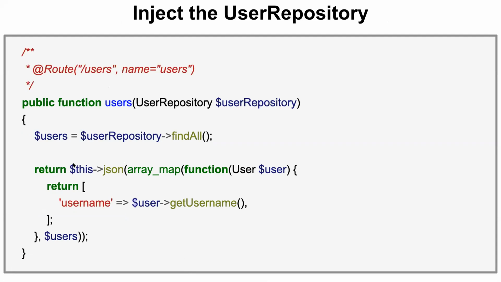This method is not going to return an array of arrays. It's going to return an array of user instances. So I can't convert an object to JSON automatically. We're going to loop over, with an array map call, all of the users that were returned by findAll and convert each user object into an array that can be JSON encoded.